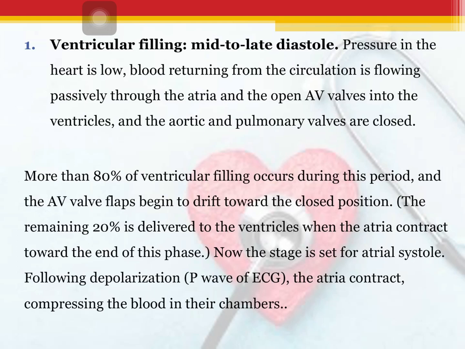When blood fills the ventricles, it slowly increases the interventricular pressure. More than 80% of ventricular filling occurs during this period, and take note that even though the atria are not contracting, 80% of the blood fills the ventricle already, because when there is an open AV valve, the blood rushes down to the ventricles because of the pull of gravity.